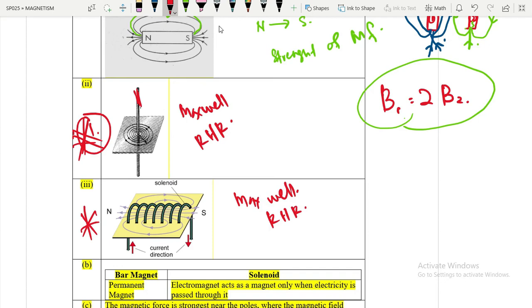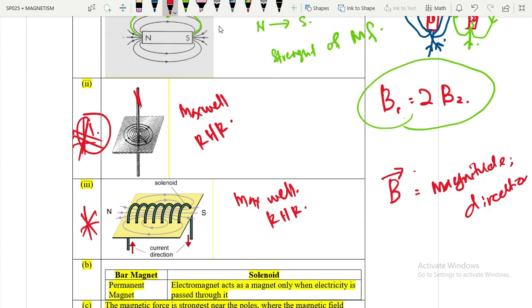Remember, satu point yang sangat penting, magnetic field is a vector quantity. So bila vector quantity means your answer must have magnitude and direction.